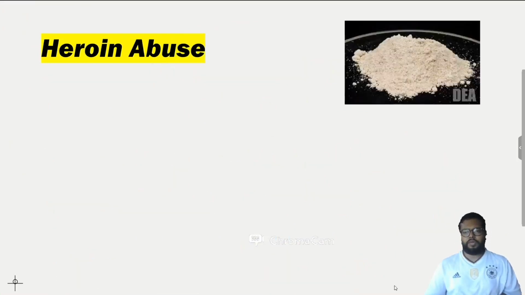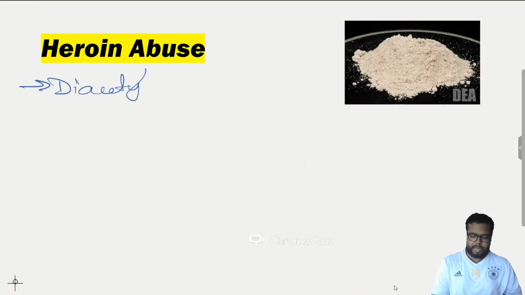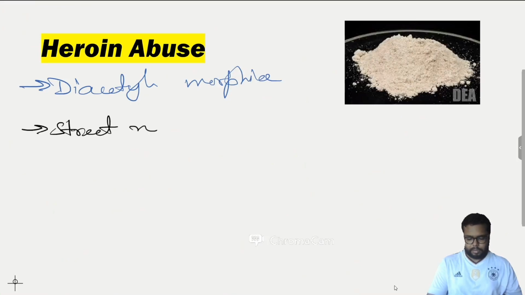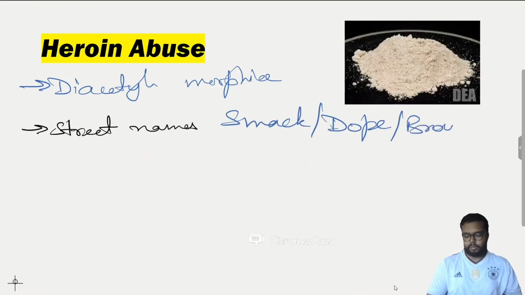Coming to heroin abuse. Heroin, its chemical name is diacetyl morphine. What are the street names? Street names, if you see, we have smack, dope, or brown sugar.